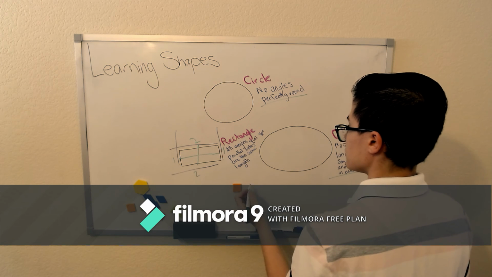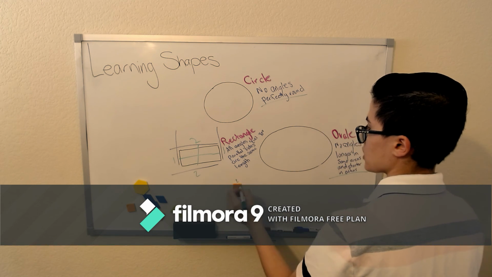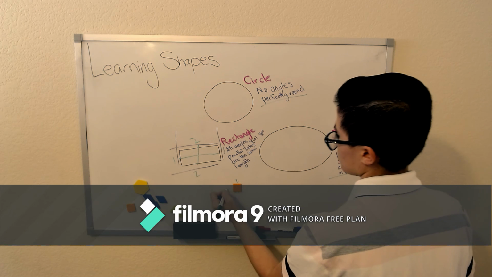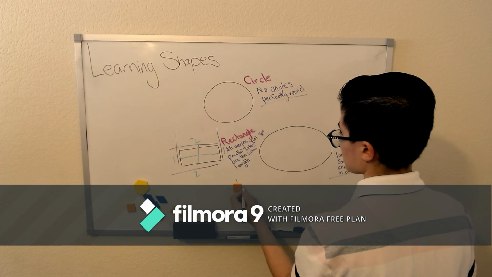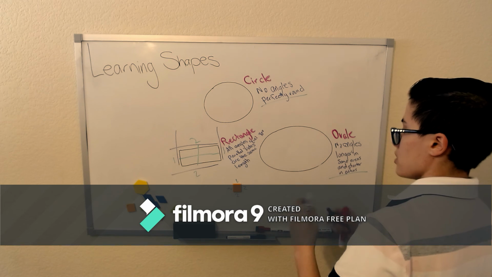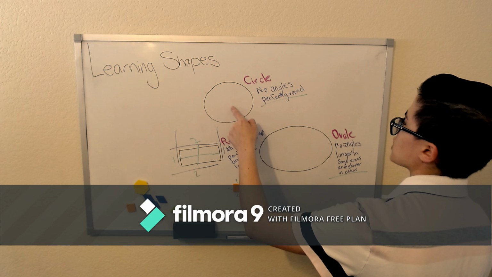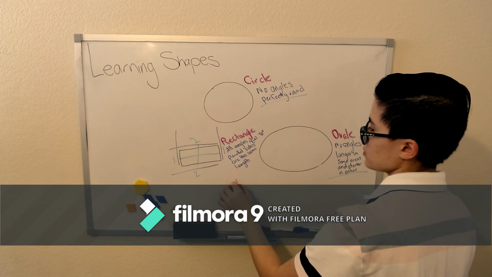Your square, if this side equals 2, all sides are equal to each other. So this side would equal 2, this side would equal 2, and this side would equal 2. That is the difference between your rectangle and your square, and your circle and your oval.